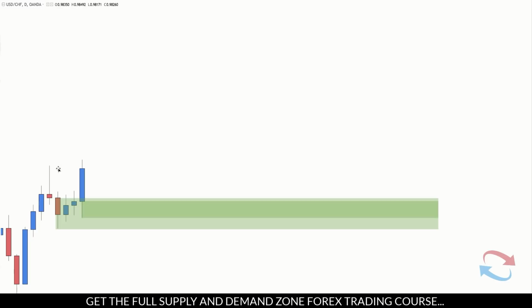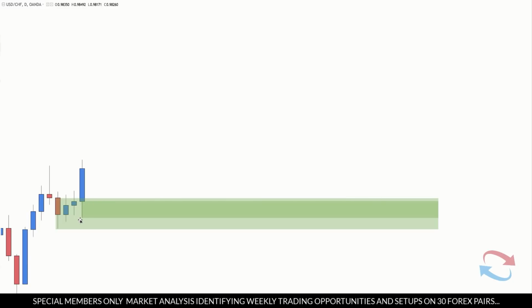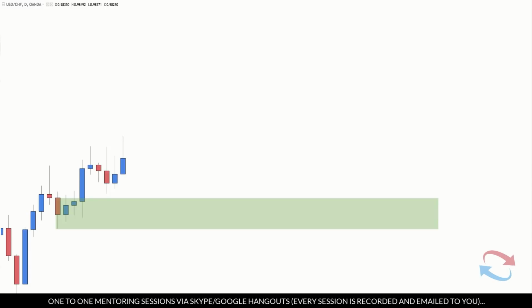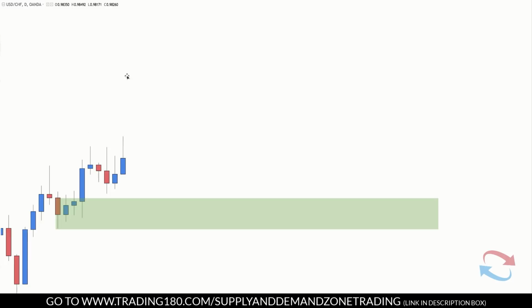If you have an eagle eye, this also created some hidden demand around here, because the candle went below the previous candle's low and closed above the previous candle's high as well. So this was also some hidden demand in that area. As we go forward, prices continue to make higher lows and higher highs.